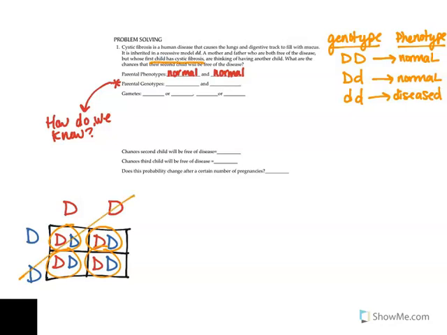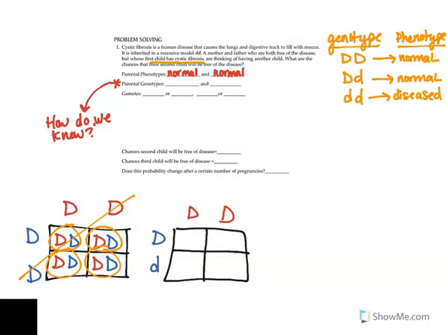Let me try a different genotype set. What if we keep one parent homozygous dominant, but now I change the other parent to the heterozygous option? I'll run my Punnett square.